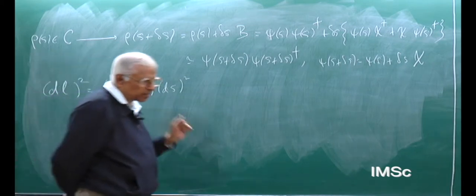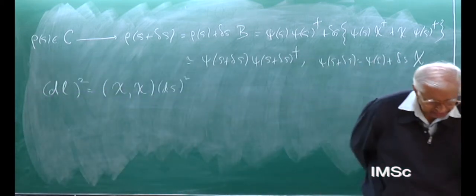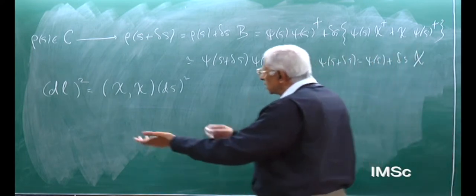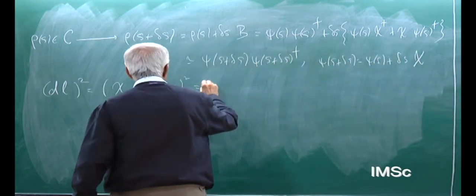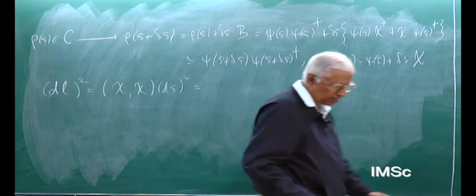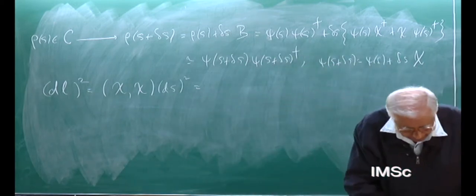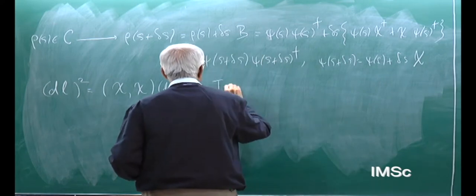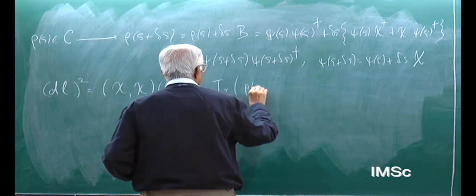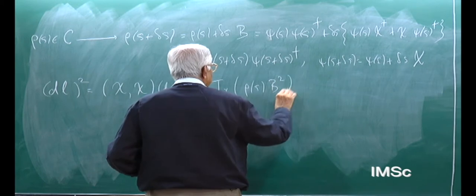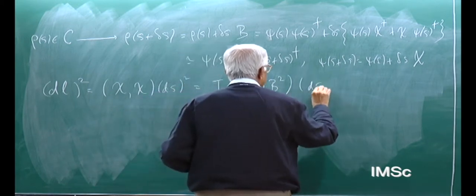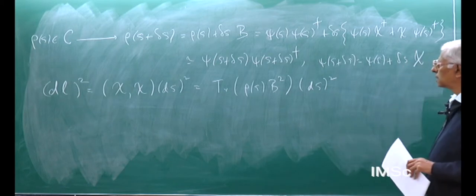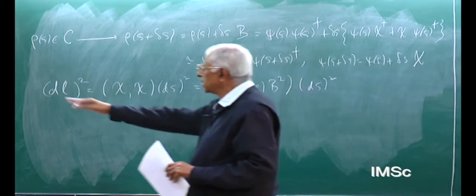So this is the expression for the infinitesimal length along the curve, any curve, and now you see that this can be written in a very nice form. It is trace of rho at that point times the square of b ds squared. I have given b somewhere, there it is.